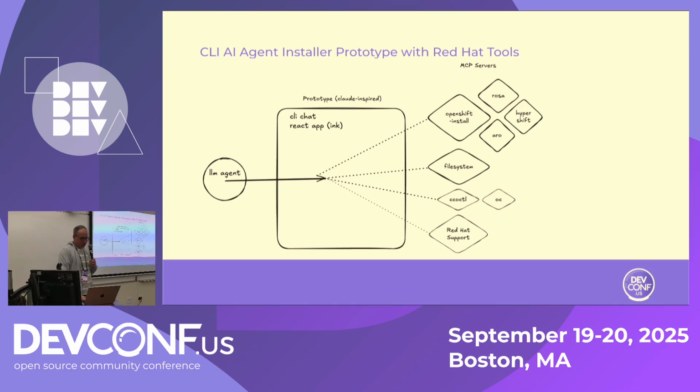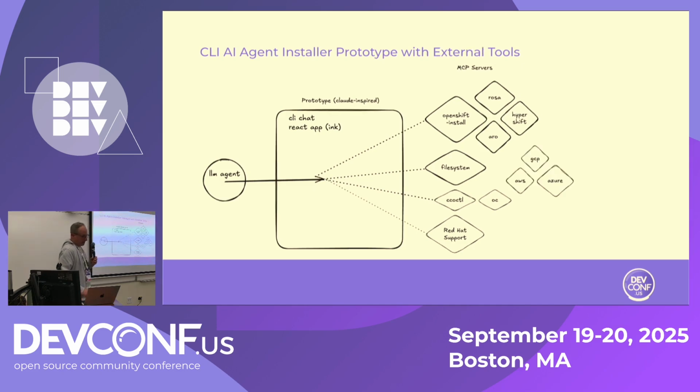And even more than these Red Hat tools, eventually we could add an MCP server, something like Red Hat support. Your cluster failed. Let me open that bug for you. Make sure to include all of the logs, save users the problem of creating that bug. And what I'm really curious about is what happens if we start adding external tools? Like what if GCP, AWS, and Azure get MCP servers exposed? We see a lot of use cases where people want to set up infrastructure in advance.